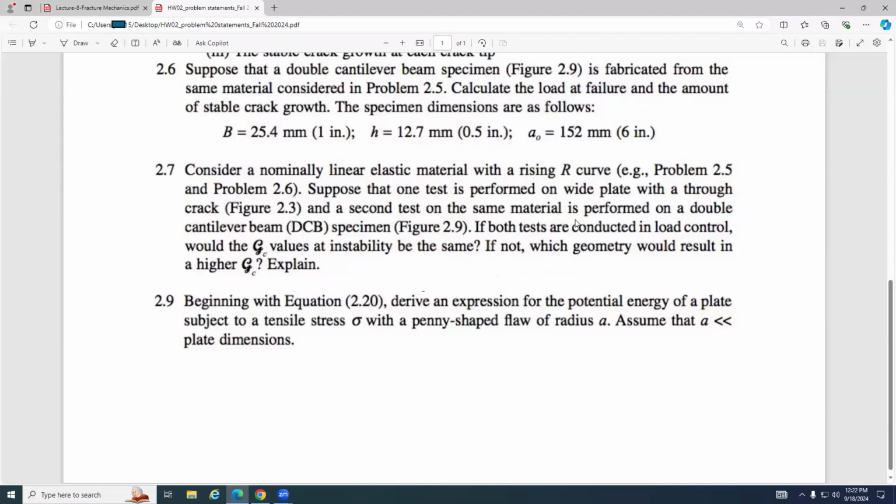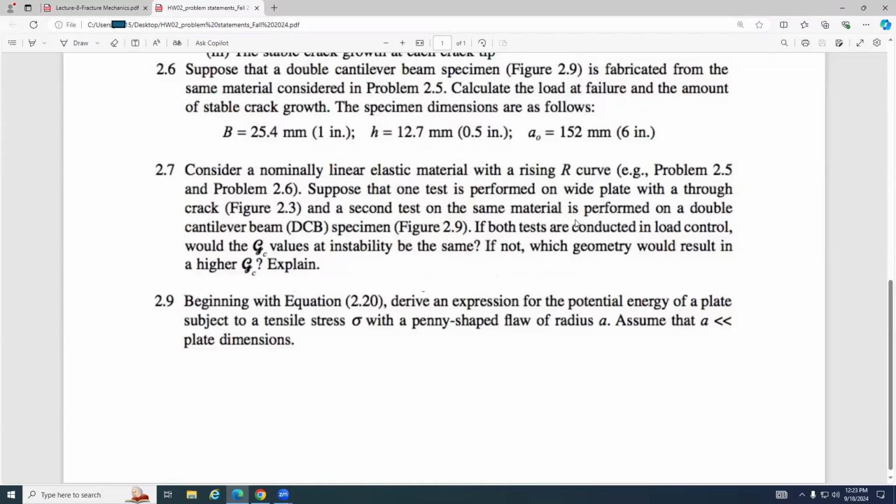Now, these two geometries still have different points of tangency on the R curve. Even though we have the same R curve, this one is for the through-thickness crack, and this one is for the DCB.